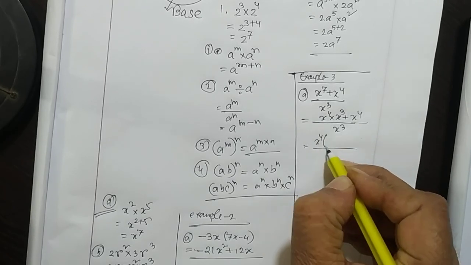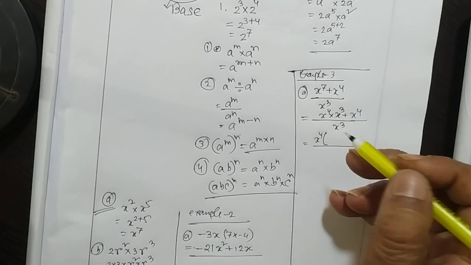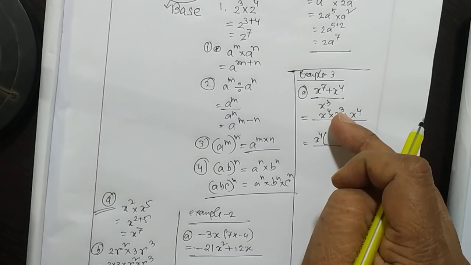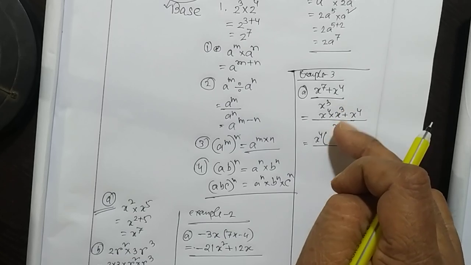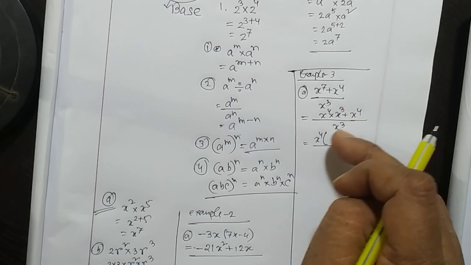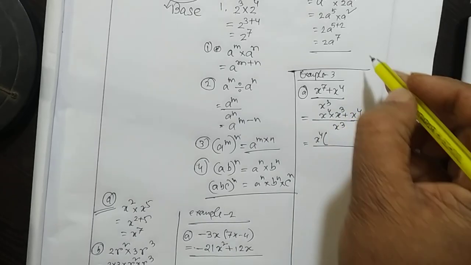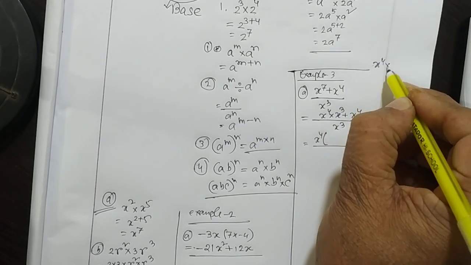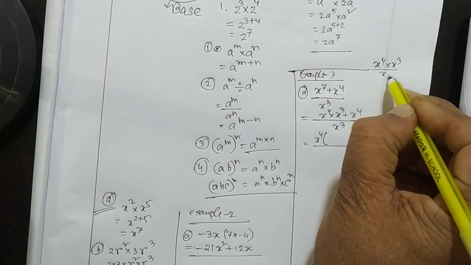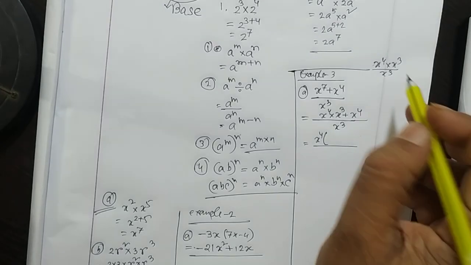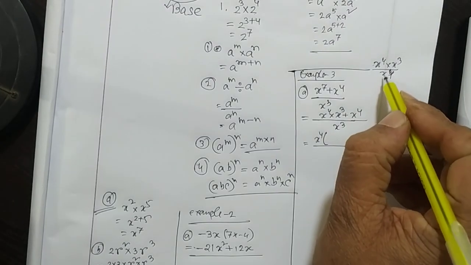If we take x to the power 4 as common, it means one kind of division. First of all, you have to divide, then you have to represent that result using the bracket. Suppose x to the power 4 multiplied by x to the power of 3 divided by x to the power of 4.